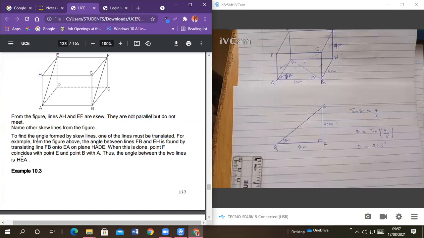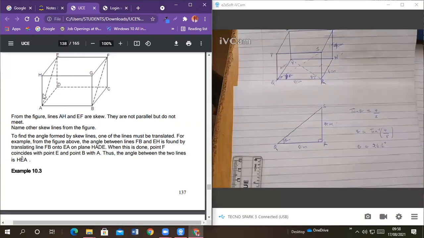They are saying that to find the angle formed by skew lines, one of the lines must be translated. What do they mean by translated? We have to shift the line. For instance, they looked at AH and EF.